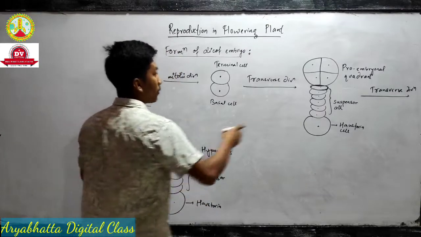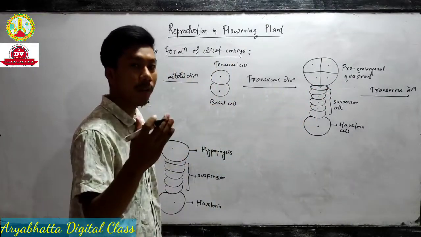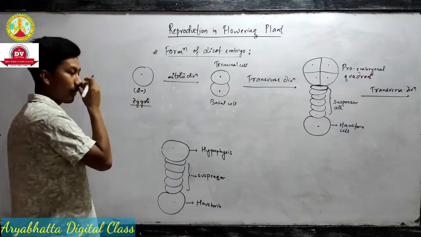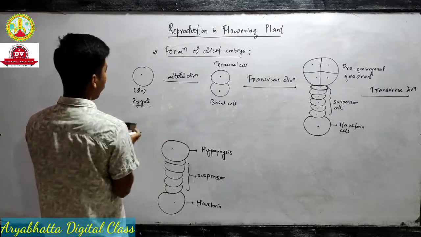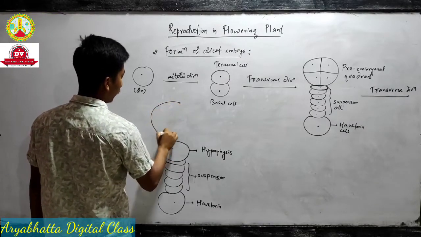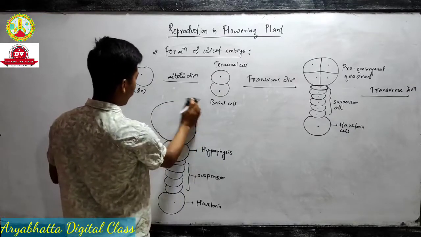Now the upper part, the pro-embryonal quadrant, after transverse division, will again divide further into 8 cells. After 4 cells, it will produce a group of 8 cells.